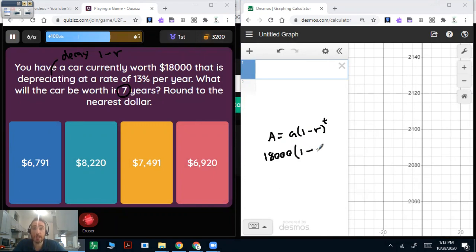times 1 minus 0.13, because our percent as a decimal is 0.13, and our t is going to be 7. That's 18,000 times that number to the 7th power. You can double check that in a calculator.